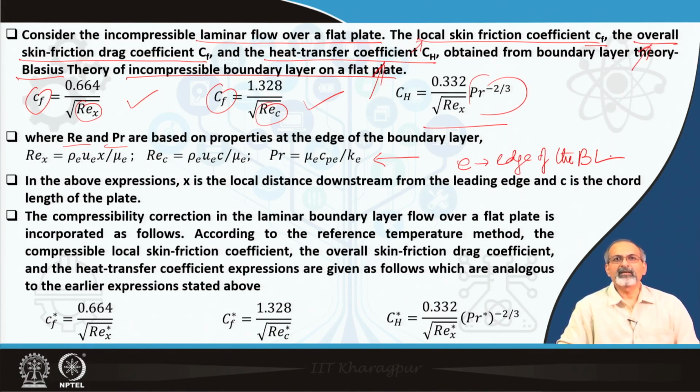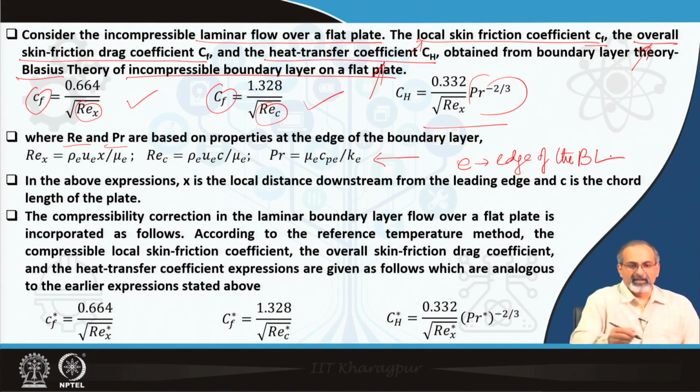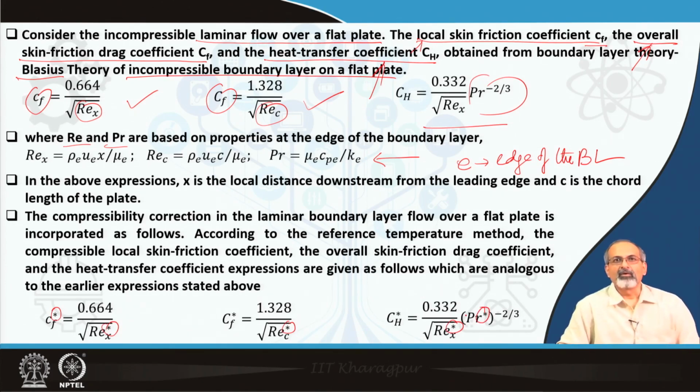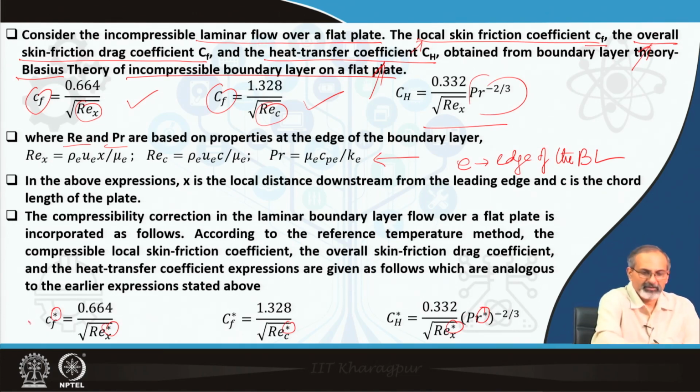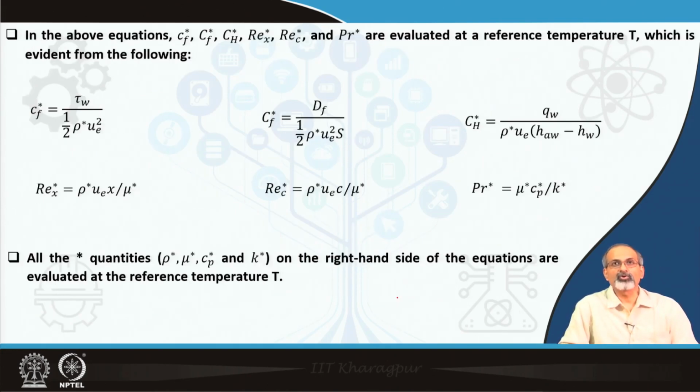The compressibility correction in laminar boundary layer over a flat plate is incorporated by evaluating these values for the star conditions. That means, the Rex star or Rec star or Pr star, they are to be evaluated at the reference temperature, and thereby you end up getting the Cf star or Ch star also corresponding to that temperature.